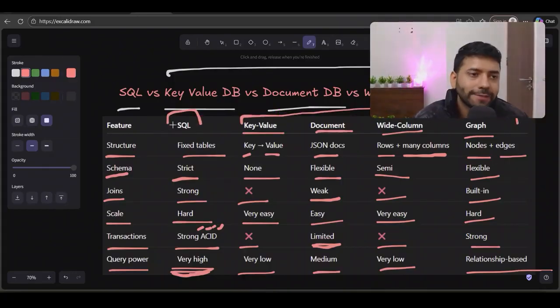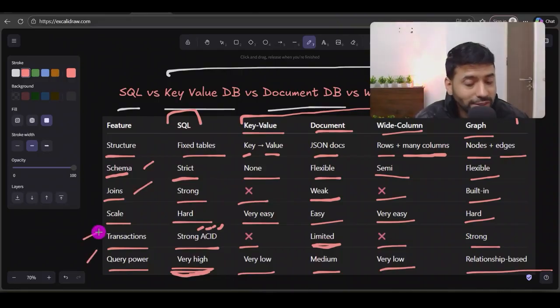Okay, so overall, as we already discussed, SQL has good things like a fixed schema, good for joins, very rich queries, strong ACID support, strong consistency, but it has its issues, like horizontal scaling is difficult. But in general, NoSQL is good when we talk about horizontal scaling, because both have different features.